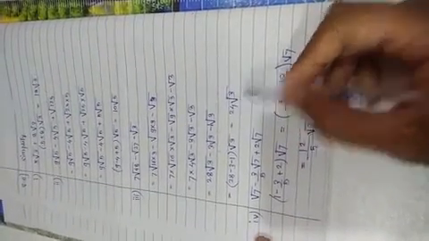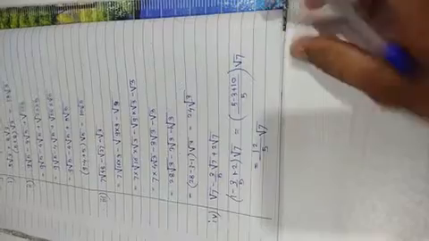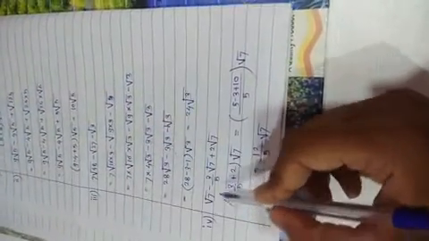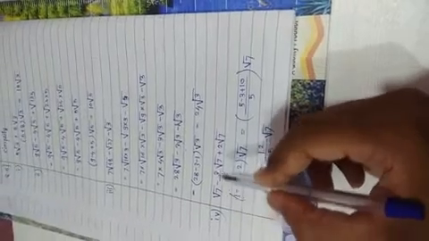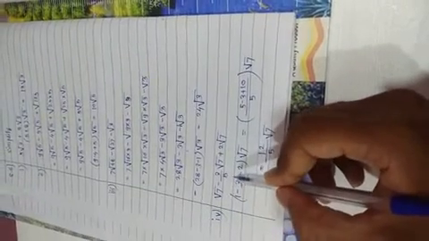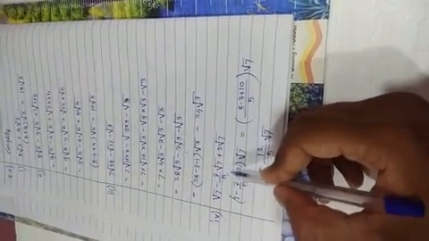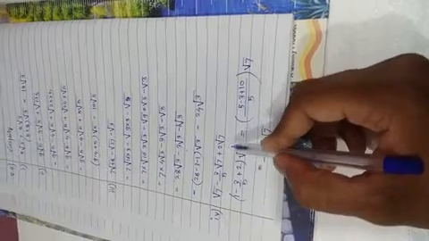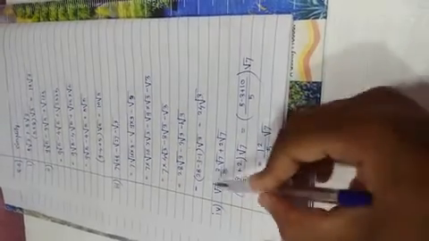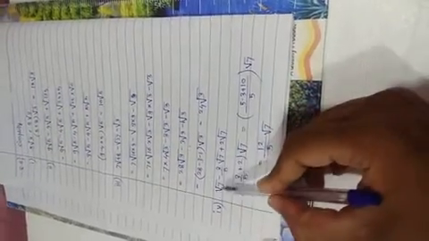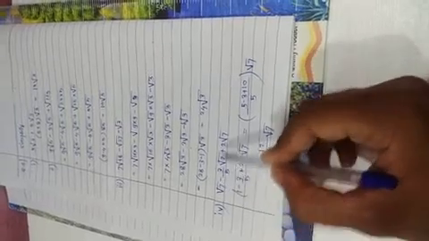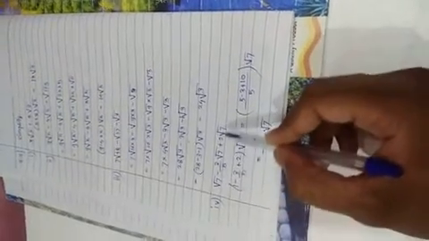Okay students, another example is root 7 minus 3 upon 5 root 7 plus 2 root 7. Here, in the three terms, root 7, root 7, root 7, the radicands are the same.